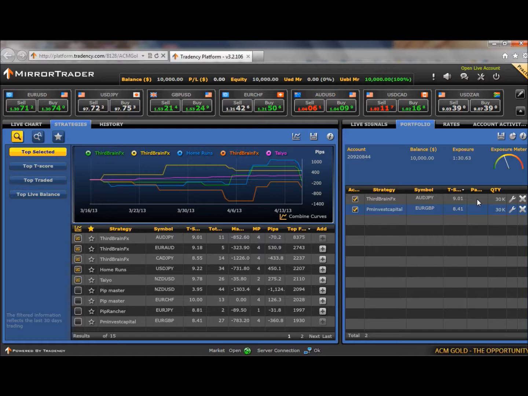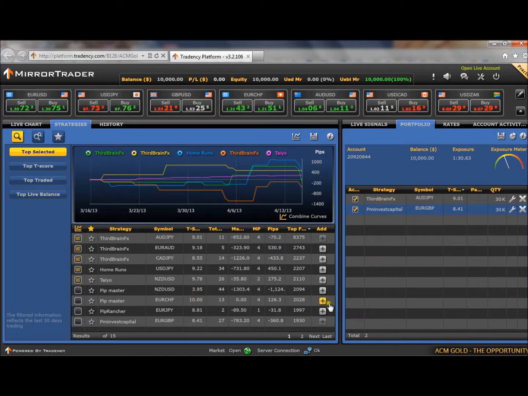This will be running in the background on a server, so you don't need permanent internet access to let this run. You'll see these 2 traders will be copied. At the moment they have not opened any trades, but as soon as they open a trade, you'll copy them. You can add as many traders as you like.